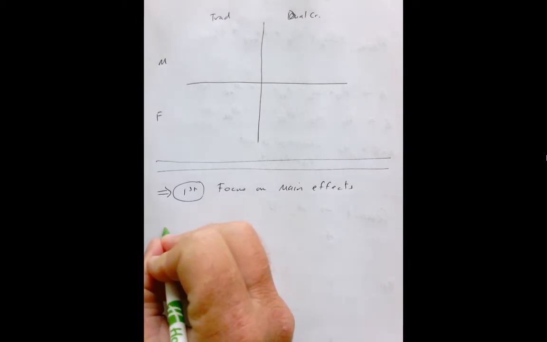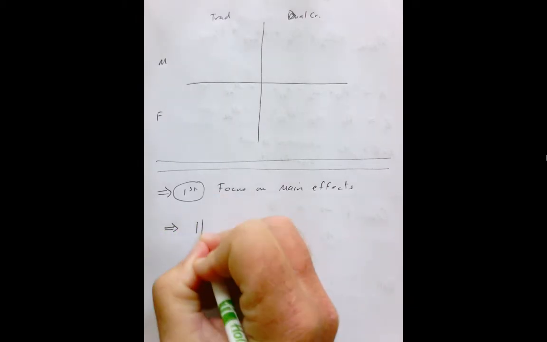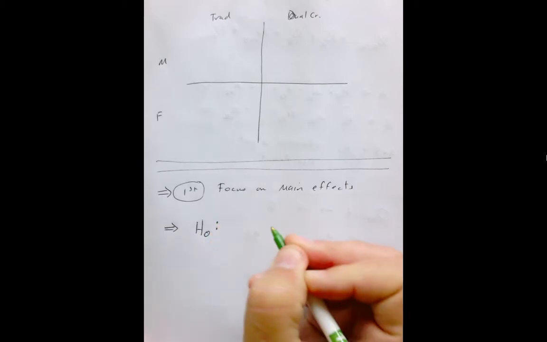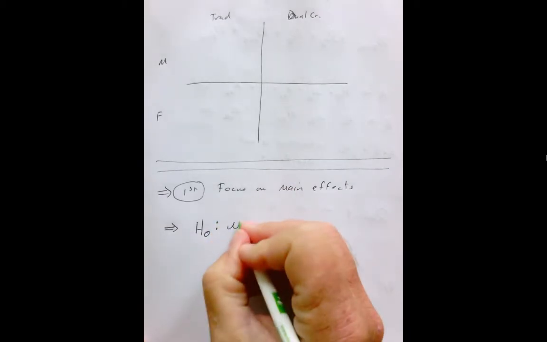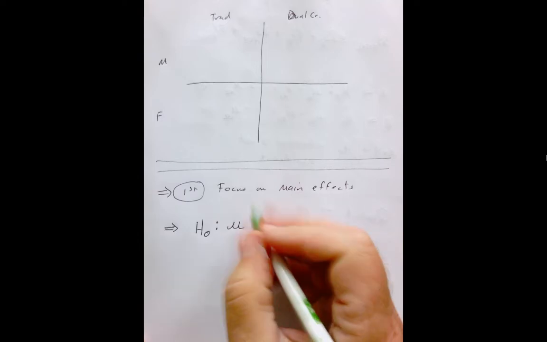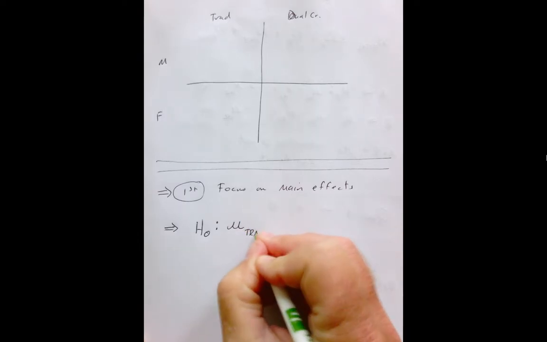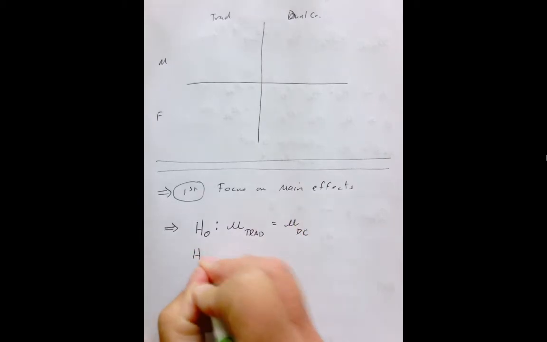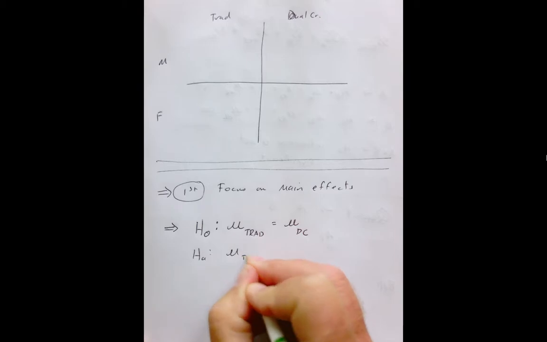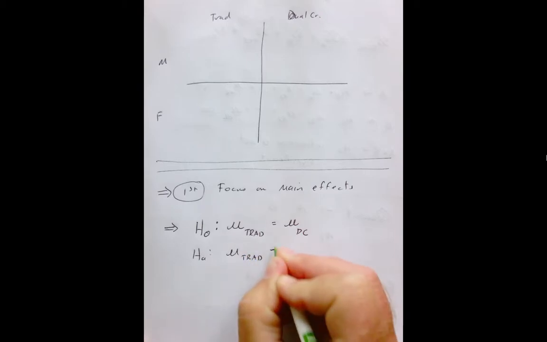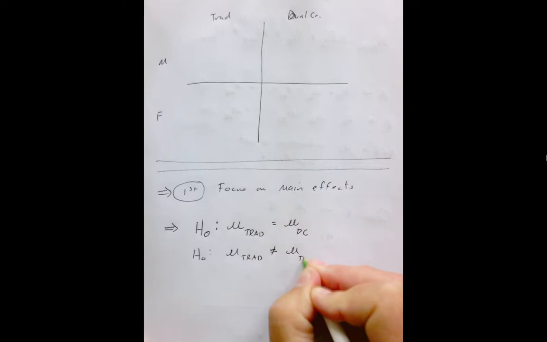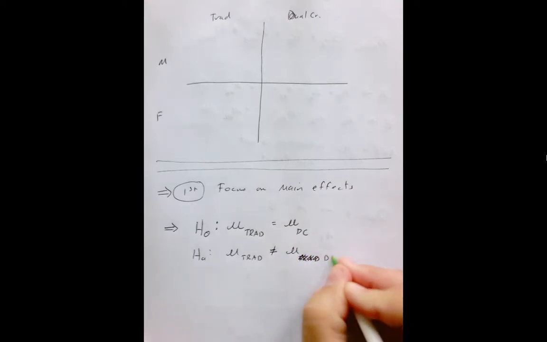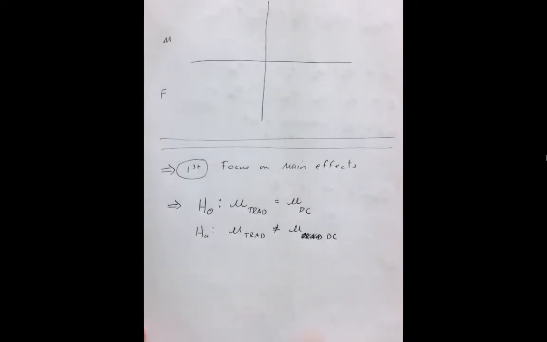So I'm going to let that be hypothesis number 1, my null hypothesis. I'm going to test that the mean score, the sum of scores, across traditional as compared to dual credit, versus the alternative, not equal to dual credit. All right, so that's going to be the first set of hypotheses.